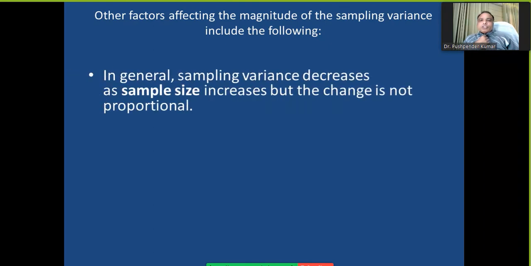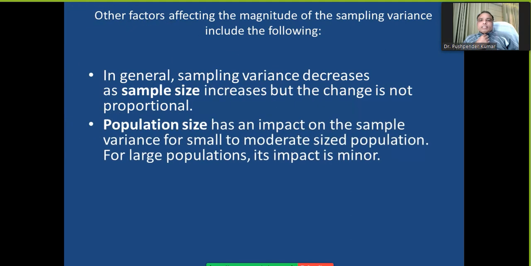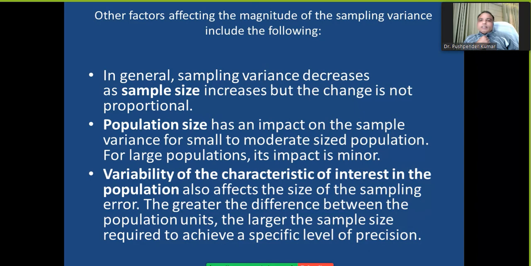In general, sampling variance decreases as sample size increases, so this variance will decrease as you go for more and more samples. Population size also has an impact on the sampling variance: for small to moderate size populations it matters, while for large populations its impact is minor.